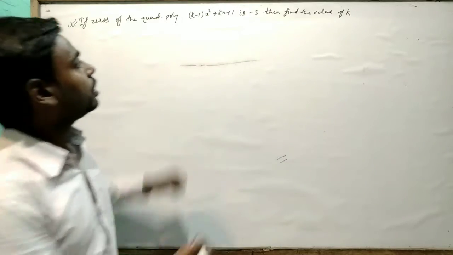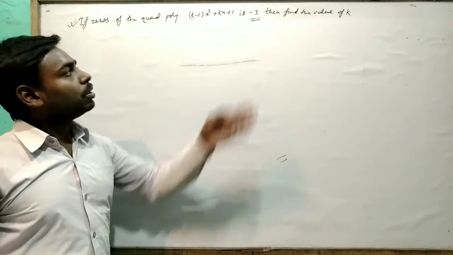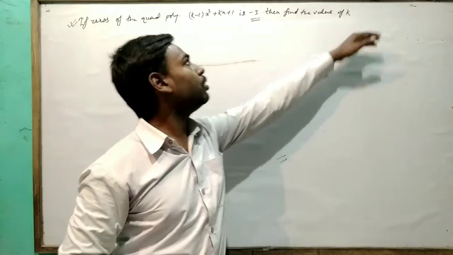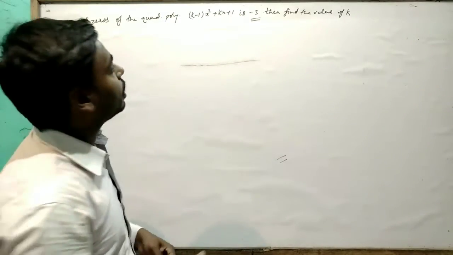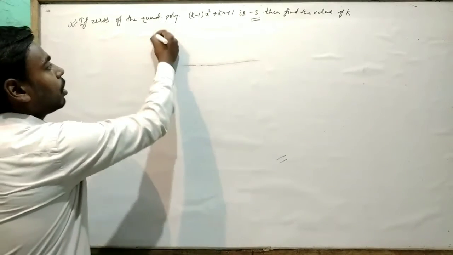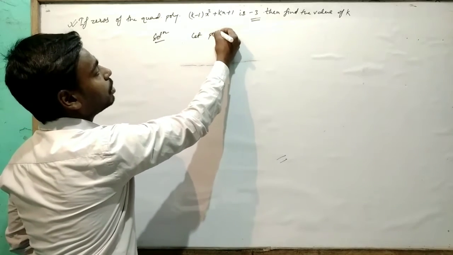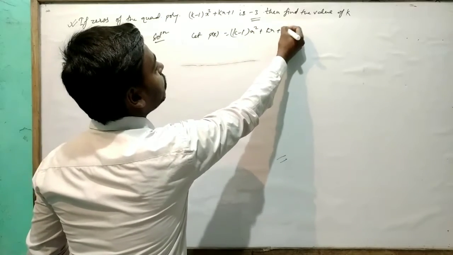It is given that minus 3 is a zero of the polynomial, so we have to find the value of k. We also studied in class 9 that, let p(x) be equal to (k minus 1) into x square plus kx plus 1.